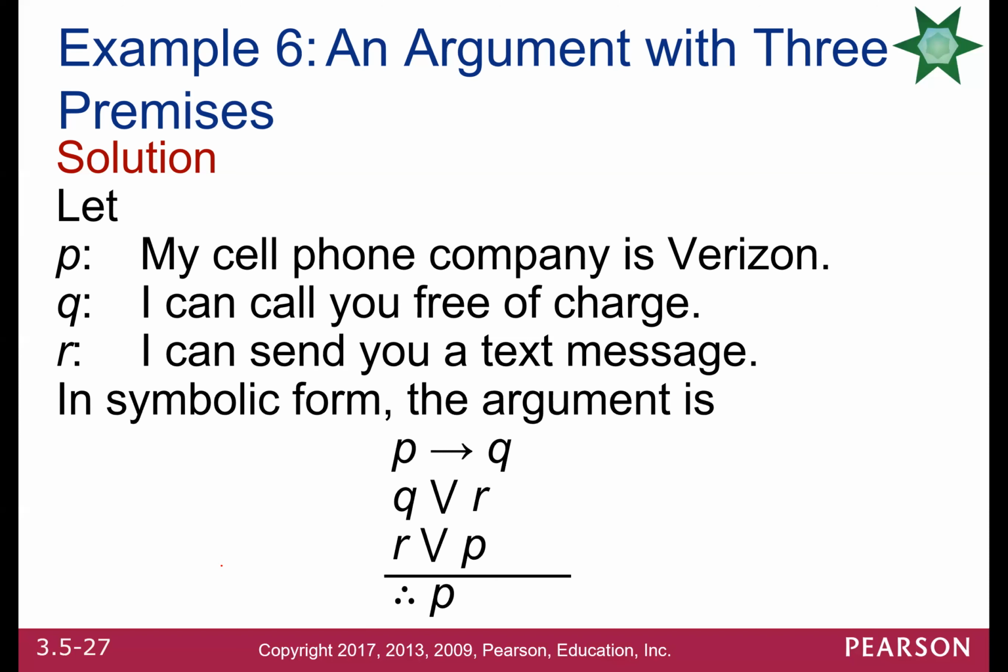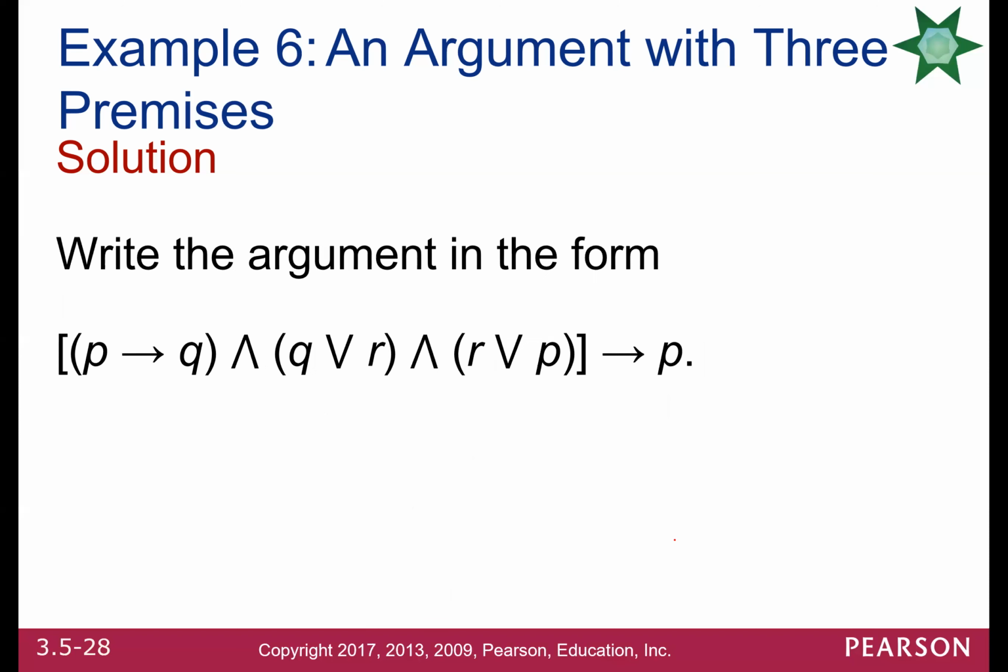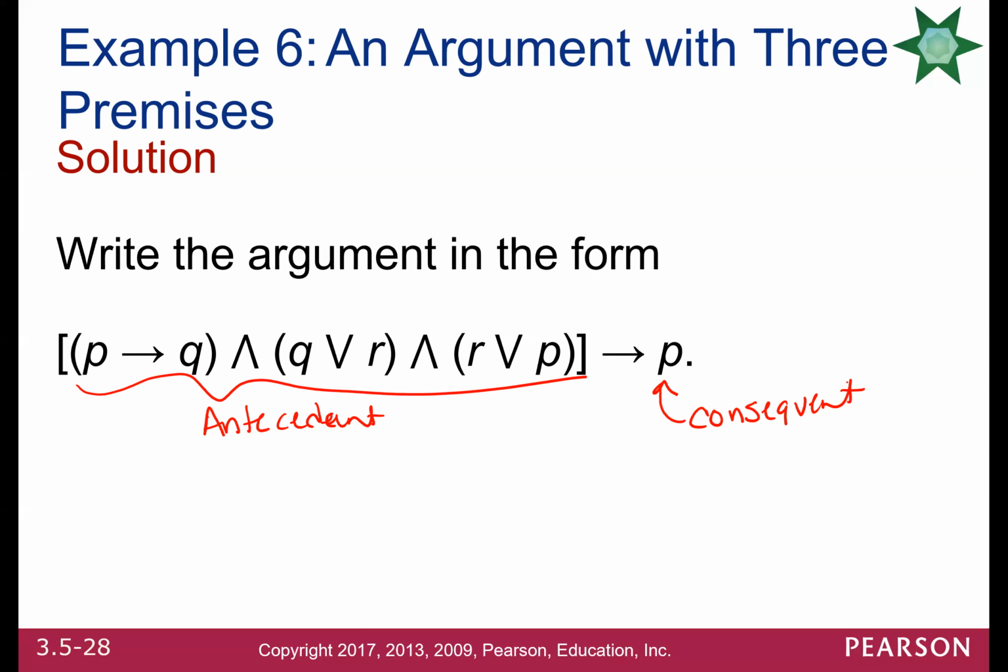So the argument we're going to test is first premise and second premise and third premise. That's the antecedent, the entire thing. And P is going to be our consequent. Okay, so we got quite a bit of work to do, but it's one step at a time, and you know how to create truth tables.